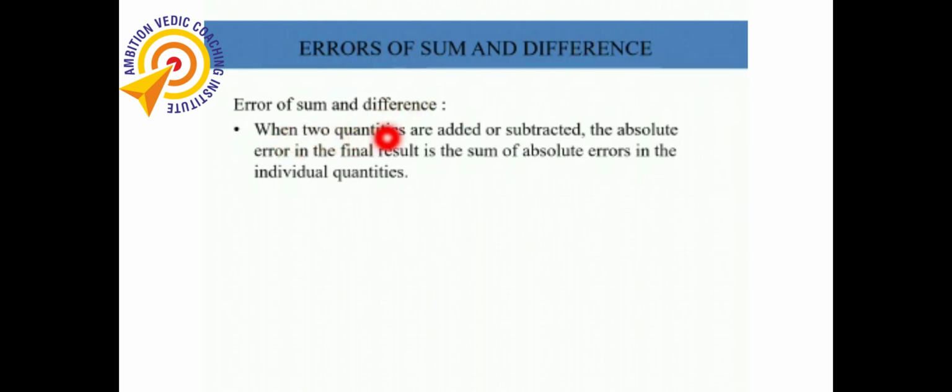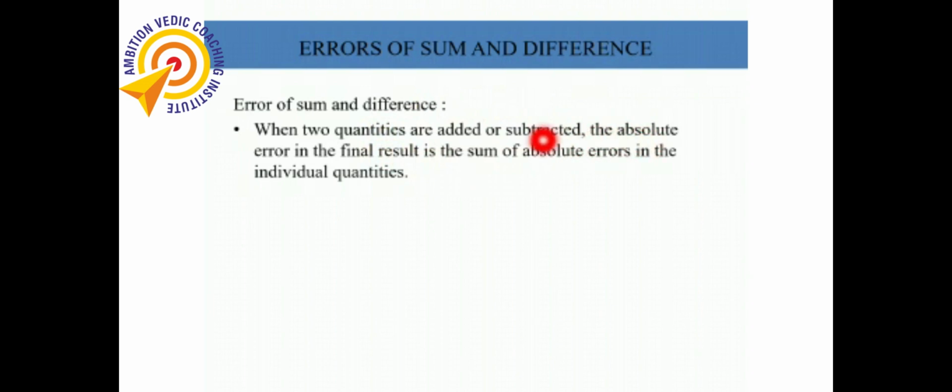When two physical quantities are added together or subtracted from each other, the final result that we obtain, because these two quantities also had some error in the measurement, will also have some error in it, is this okay?